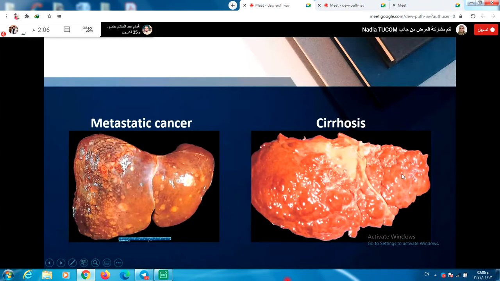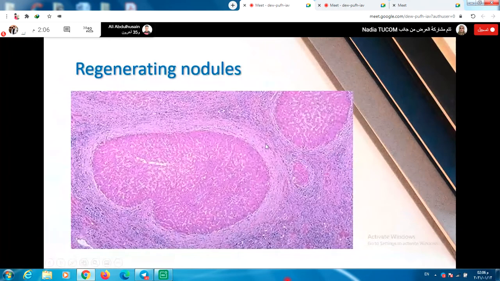with bulging out of these regenerating nodules as a result of hyperplasia and regeneration of hepatocytes within a limited space that is restricted or surrounded by thickened, inflexible fibrous tissue, resulting in this bulging pattern. This is the microscopy of a regenerating nodule or cirrhotic nodule.